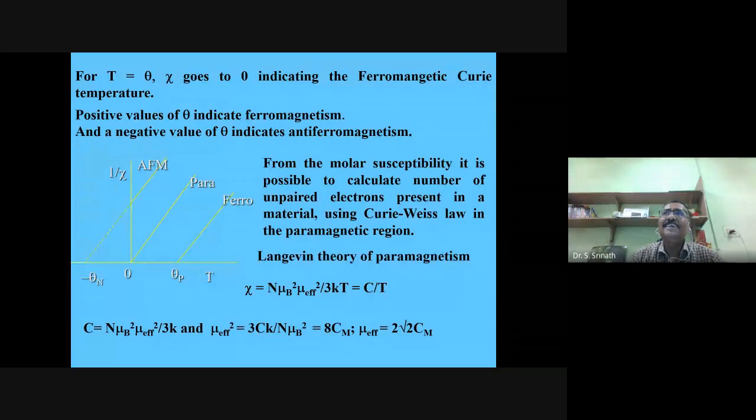So if you know beforehand how much current you are passing through the conductor and how much magnetic field you have applied perpendicular to the direction in which current is flowing, then Hall voltage is developed in a direction perpendicular to both the current and magnetic field, isn't it? And I do this a number of times. That means I go on changing my magnetic field strength and go on measuring the voltage.